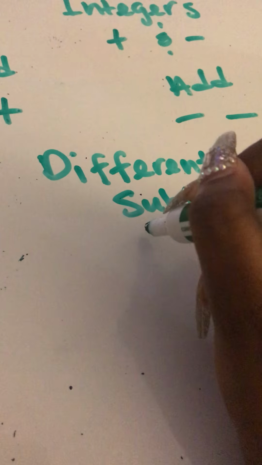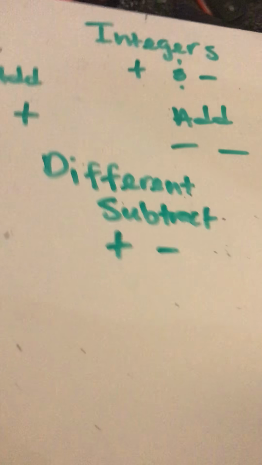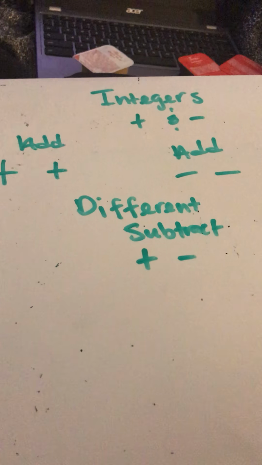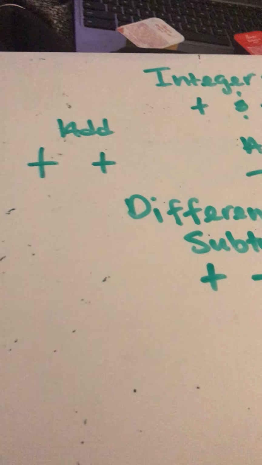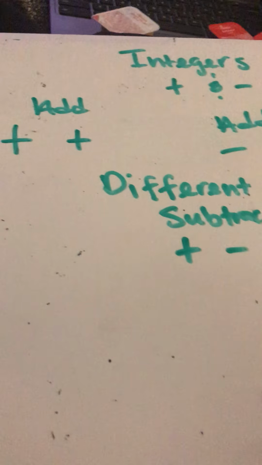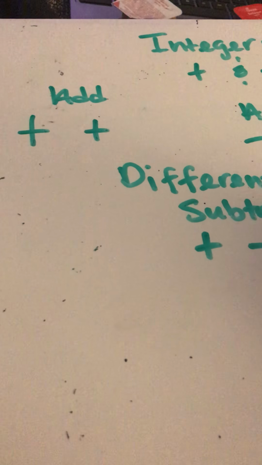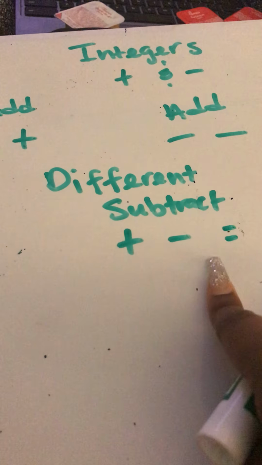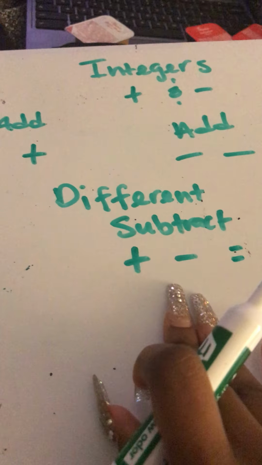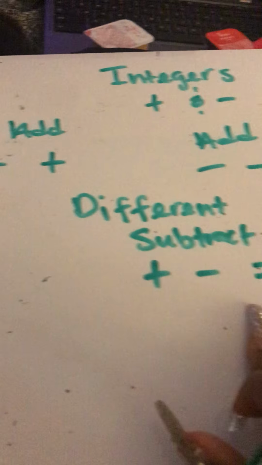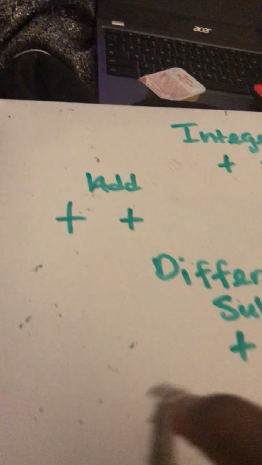So if you have a positive and a negative, you subtract. That's how this works. And then honestly, the sign is going to be either positive or negative based off of how much more you have, okay? So think about it like this.